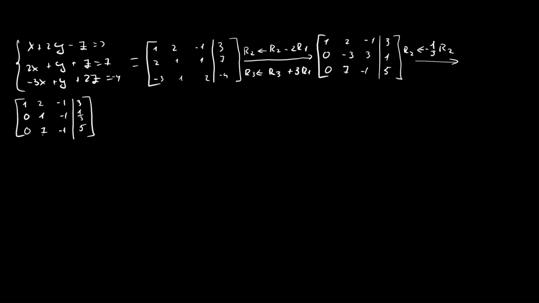Awesome. And after that, we're just going to get 0 underneath this pivot number. So I have to get 0 here.